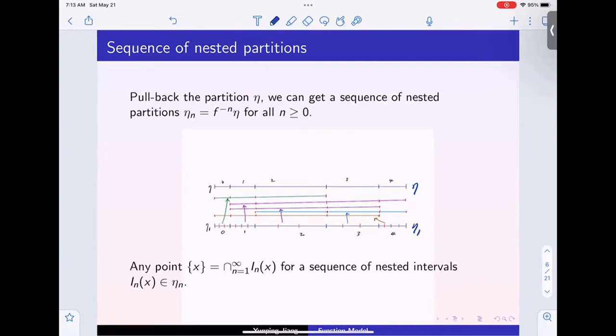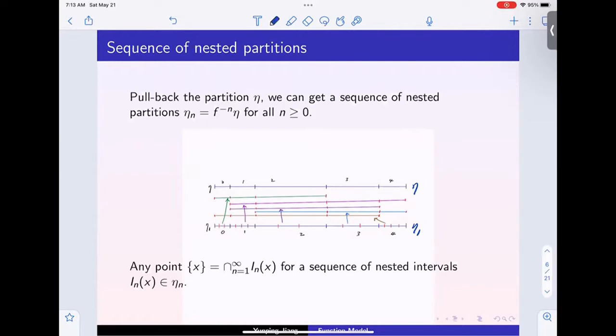You can see eta_1 is actually every interval cut again according to this rule. Later I will mention this is called a matrix rule, then there's the Markov chain property. So the point is the expanding property shows us that the interval length will go to 0 when this n goes to infinity.